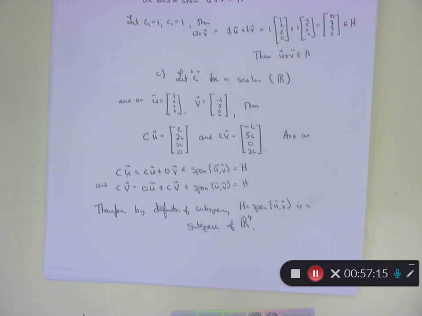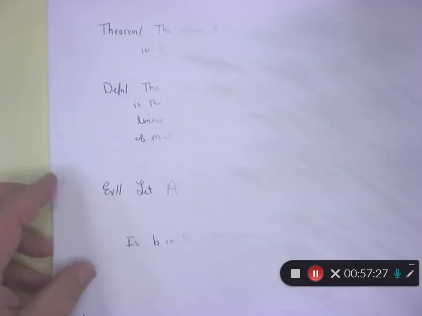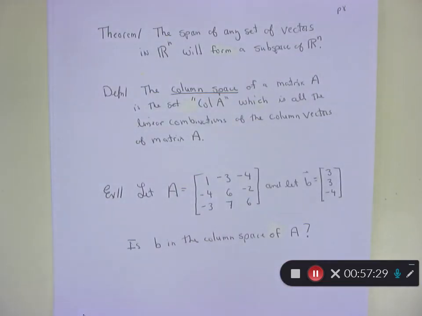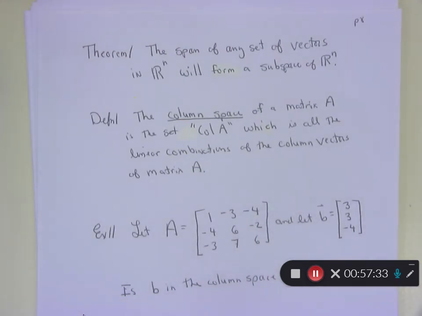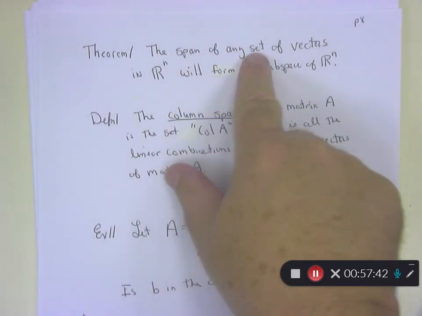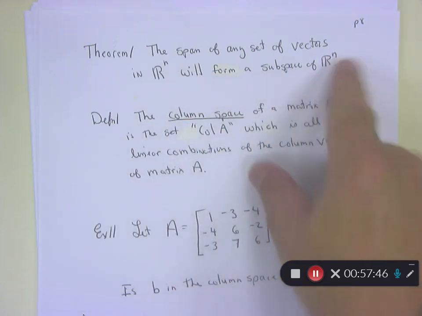So what is this telling me? I have a theorem, and that theorem is this: the span of any set of vectors in Rn will form a subspace of Rn.